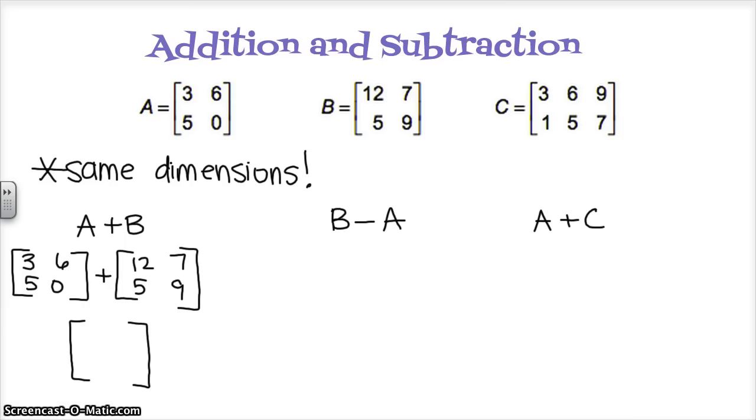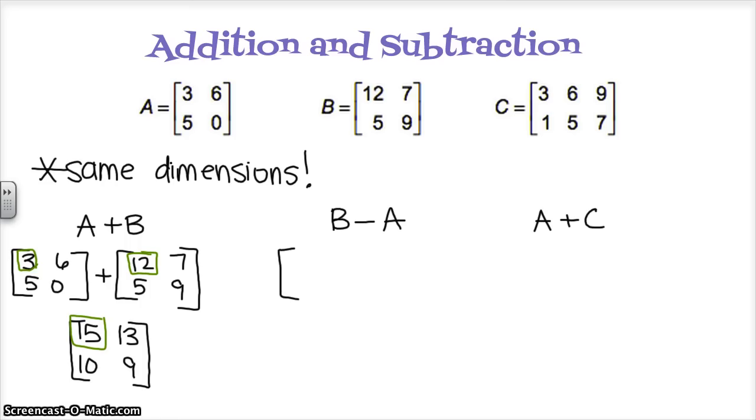So we're going to add 3 and 12 because they're in the same spot, and that's going to give us 15. Now, 6 and 7 will make 13. 5 and 5 is 10. 0 and 9 is 9. So really, you're just adding the corresponding parts. 3 and 12, they're in the same spot, we can add them. And that's why matching dimensions is so important.